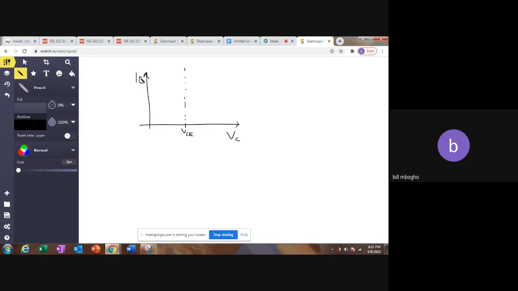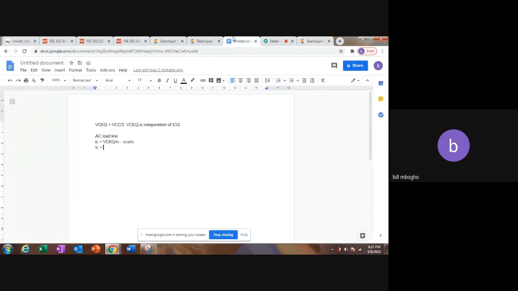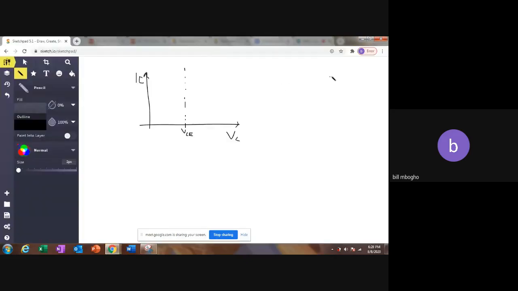And then the AC load line, we come to this AC equation. It's telling us that VCQ minus VCE, and we have VCQ is VCC over 2. You know that it has to pass through this point here, but then we want to get another point.